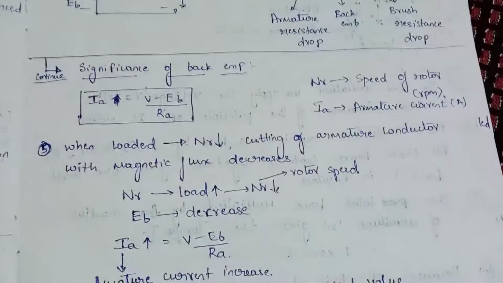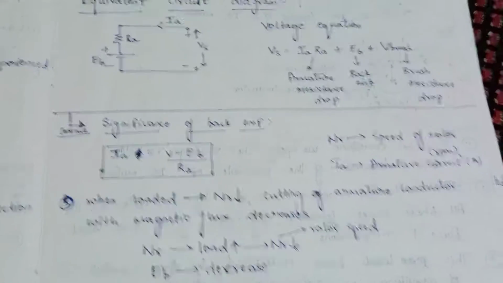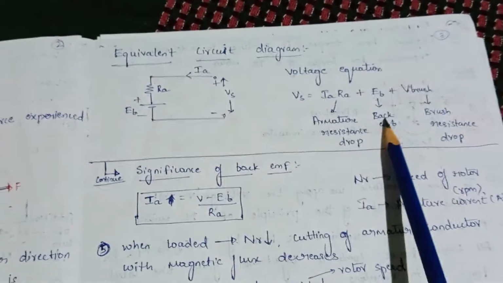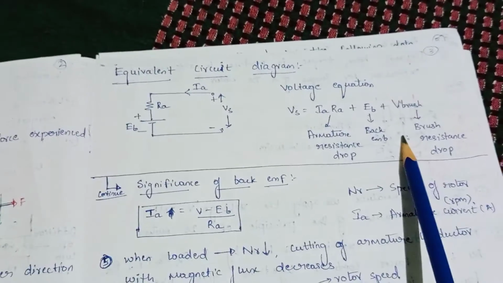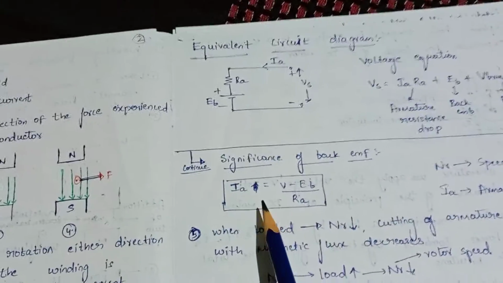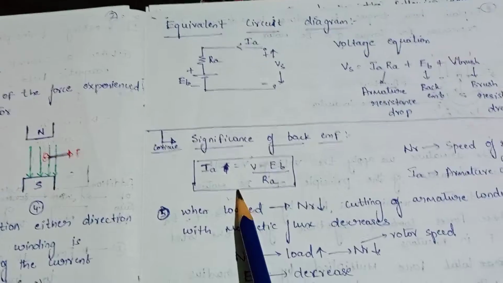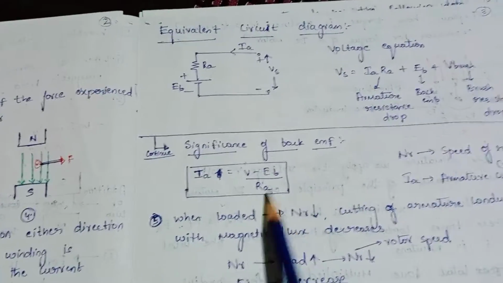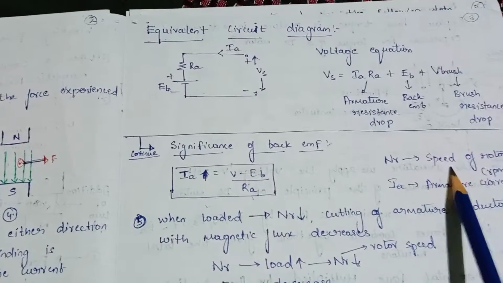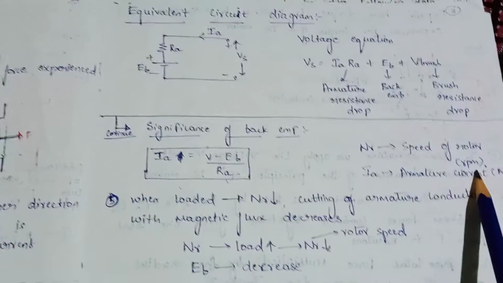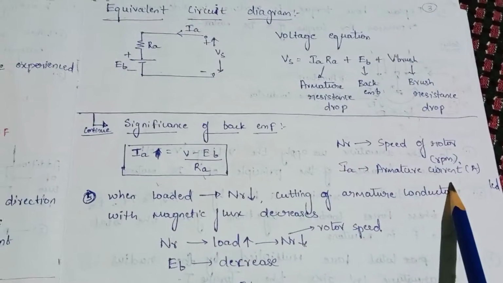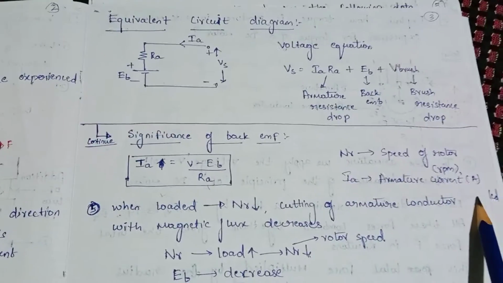Now let's see what is the significance of back EMF. Using the KVL, we got the equation. We rearrange the equation in this form, that is, Ia is equals to V minus Eb divided by Ra, where N is nothing but the speed of the rotor, that is given in RPM, where Ia is nothing but the armature current, that is in amperes.